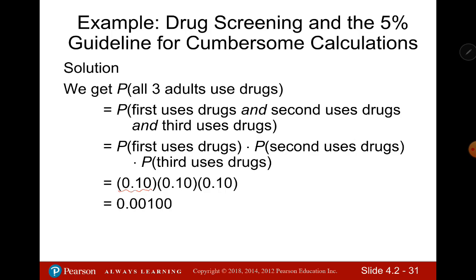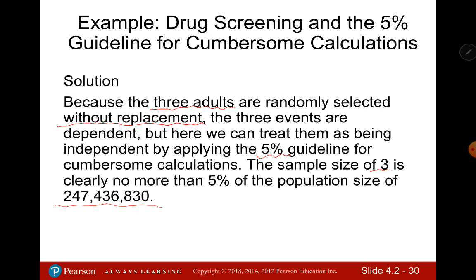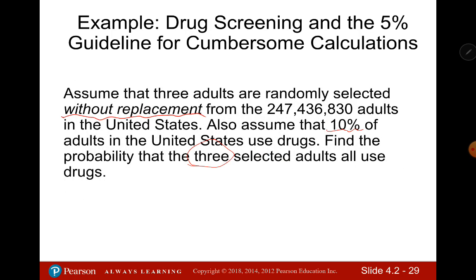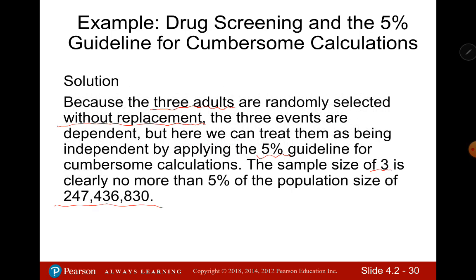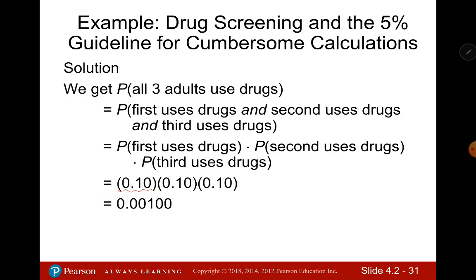How can we get this 0.1? Because 10% of the adults use drugs, so that's the probability of selecting an adult who uses drugs. So first 0.1 times second 0.1 times 0.1.